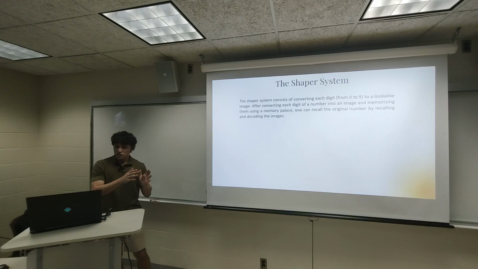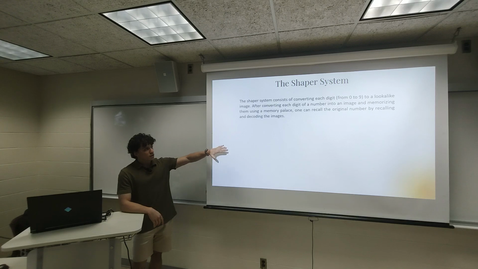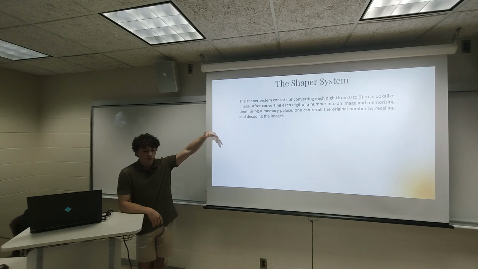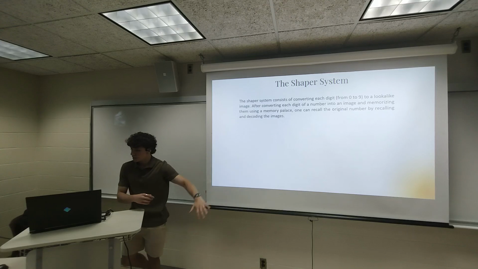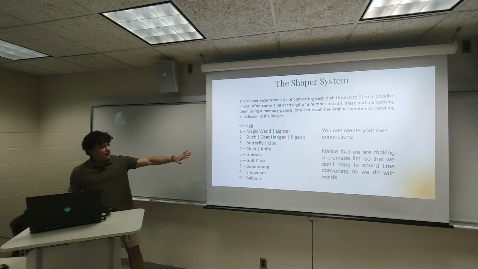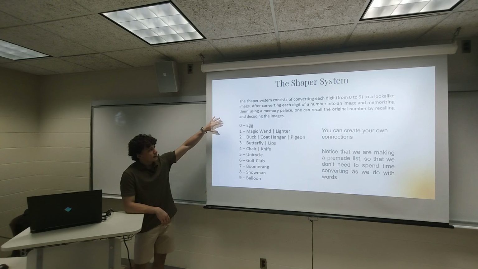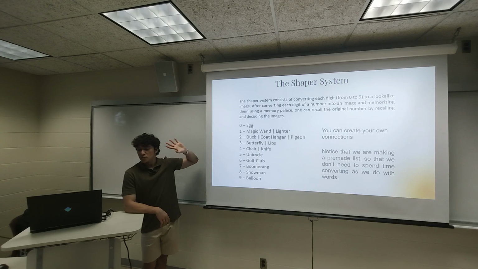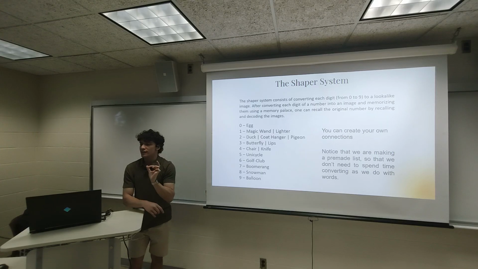And after we convert each digit of a number into an image and memorizing them using the memory palace, we can recall the original digit and the original number as a whole by recalling and decoding those images. So right now, if you had a list of digits for you to memorize, you could convert each digit to one that looks like that.